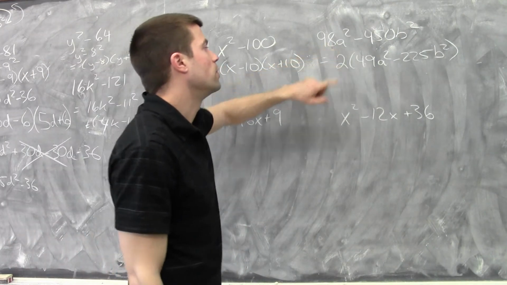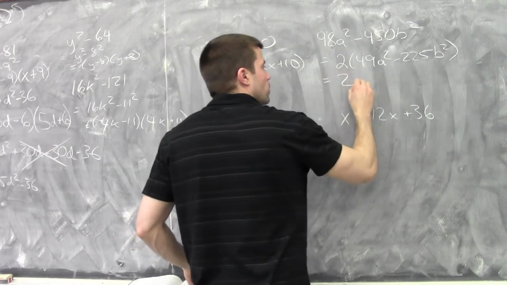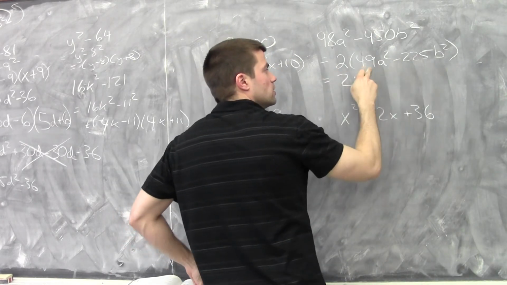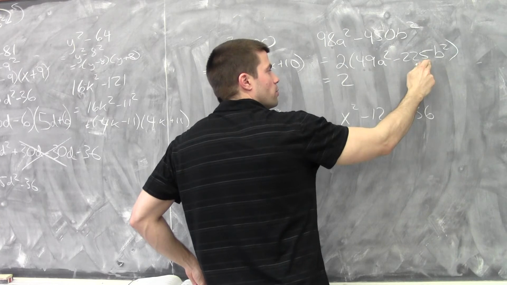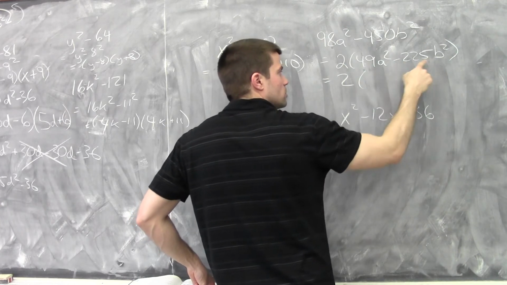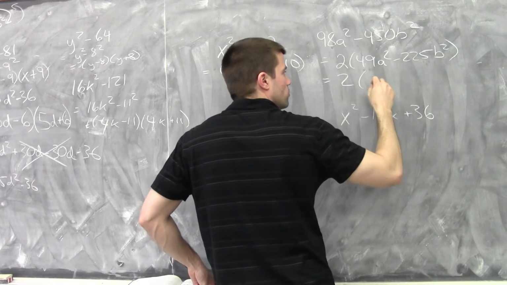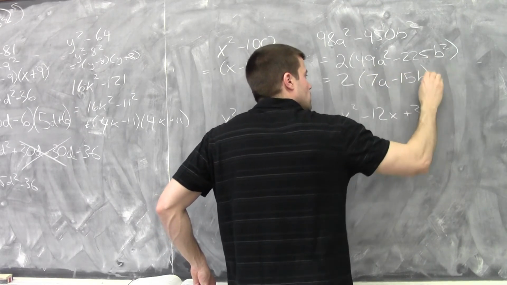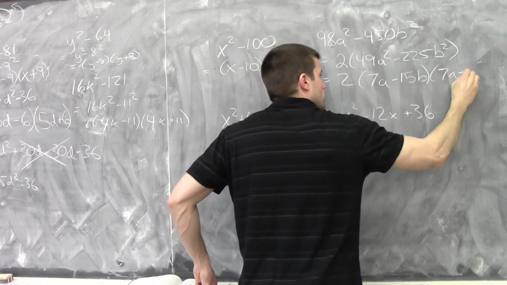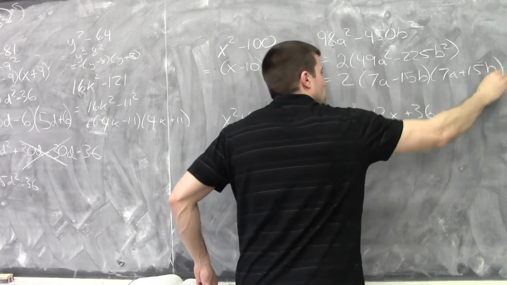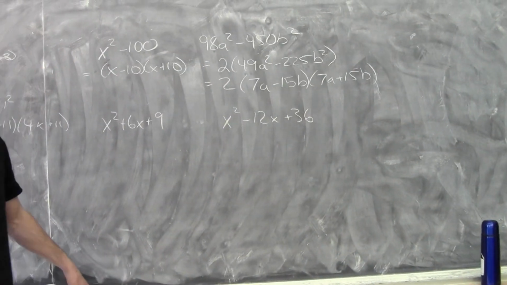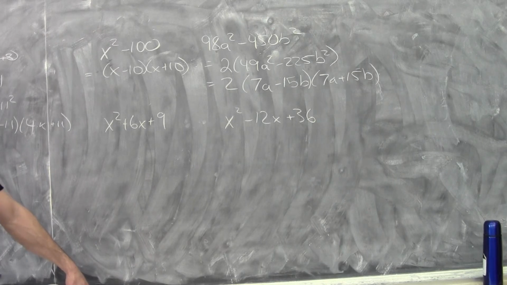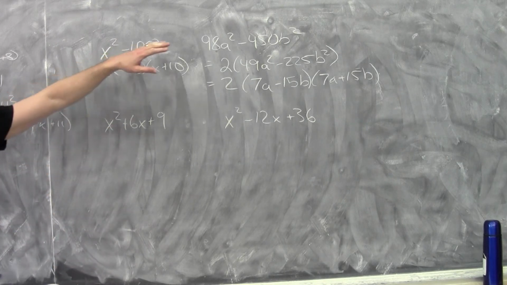They're both even numbers. Leaving that 2 on the outside, now we can factor this. This is a perfect square. This is also a perfect square. So what's the square root of 225? 15. 15, good. So 7a minus 15b, 7a plus 15b. Done. So this is difference of squares.